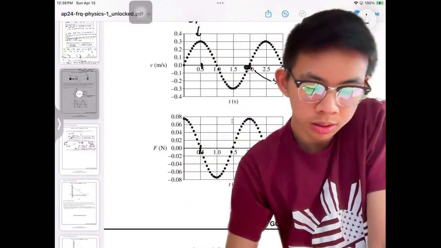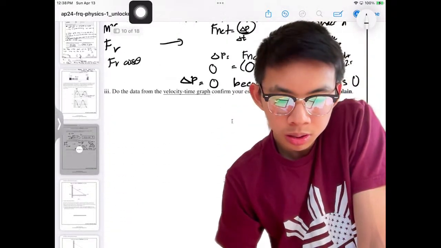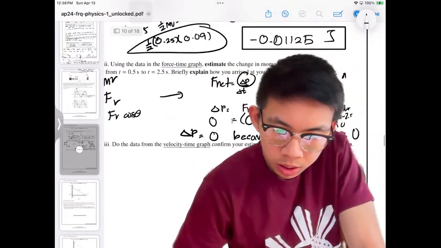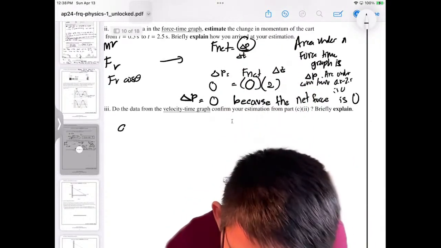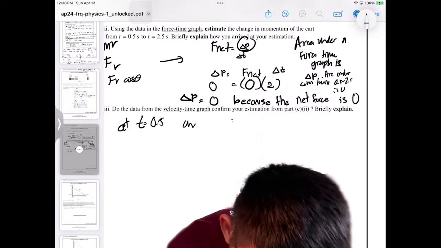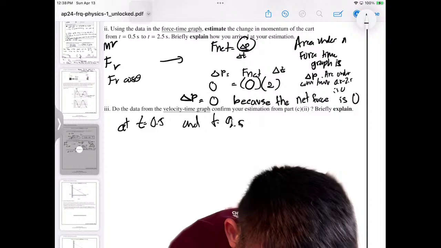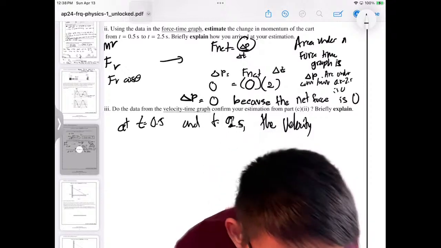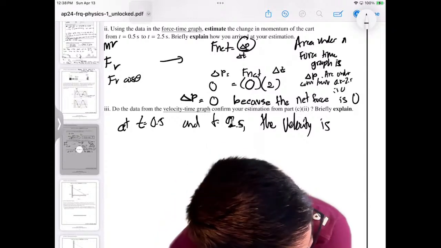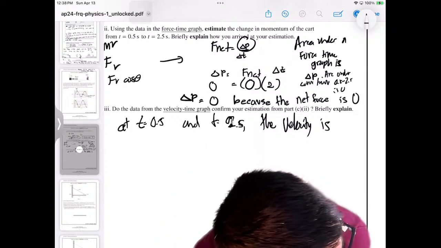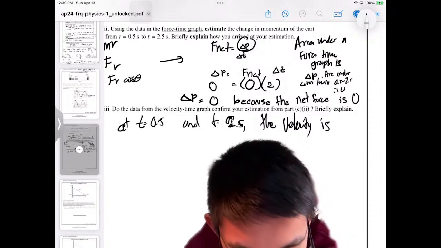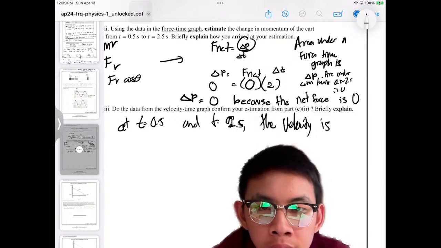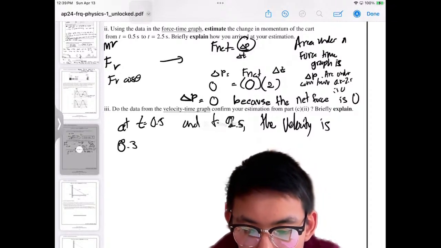Oh wait, that makes sense. At t equals 0.5 and t equals 2.5, the velocity is 0.3 meters per second.